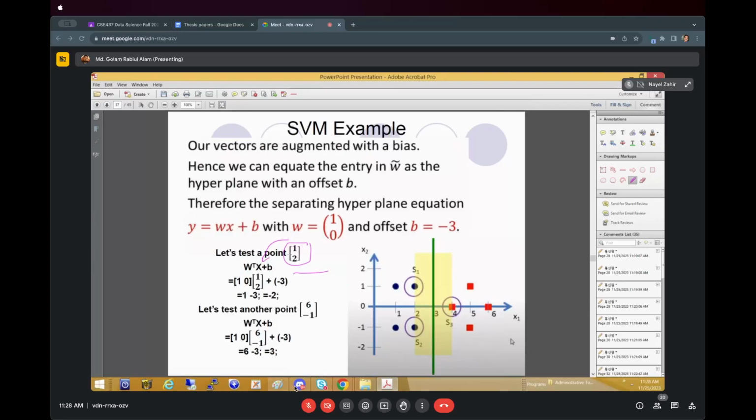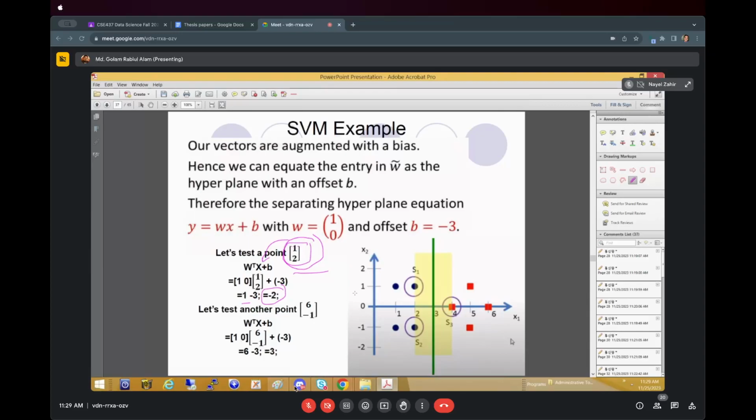So if we put X equal to 1, 2, and we know W and B also, then after solving this we will get negative 2. Here the sign is important because the sign indicates the class. So a negative sign means negative class. That means 1, 2 is negative class. So we can check whether this is wrong or right.